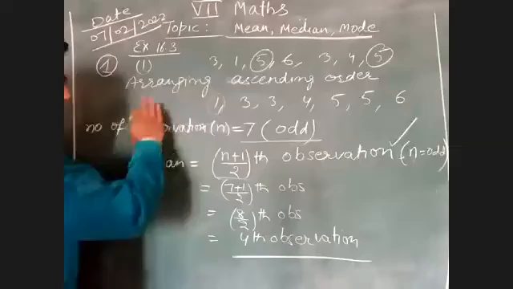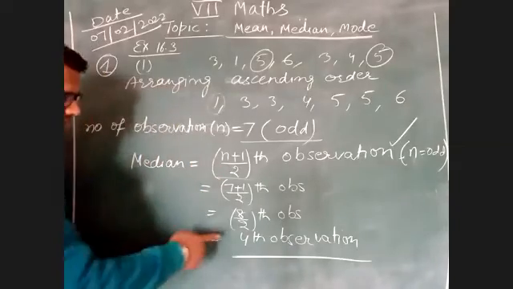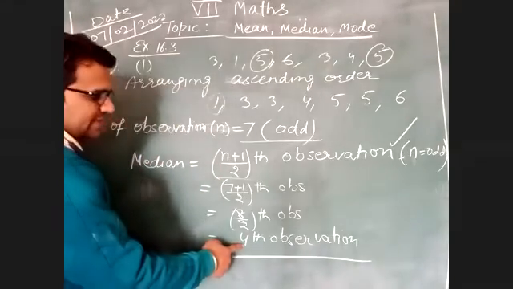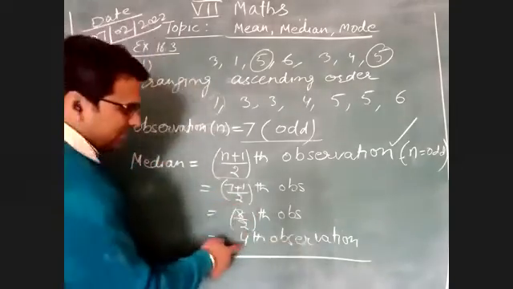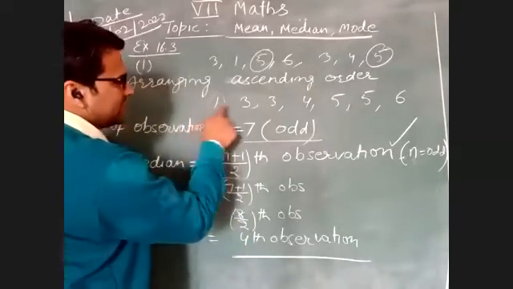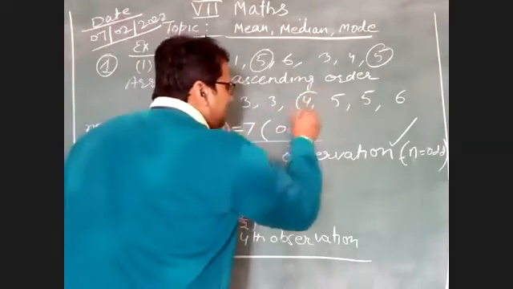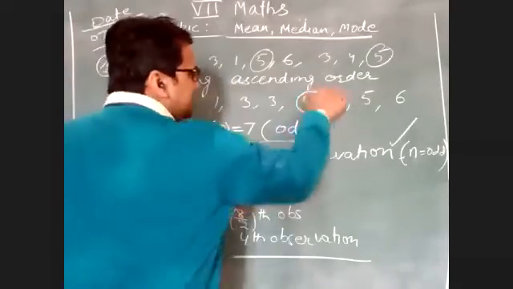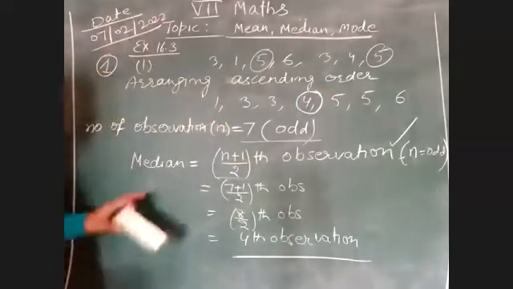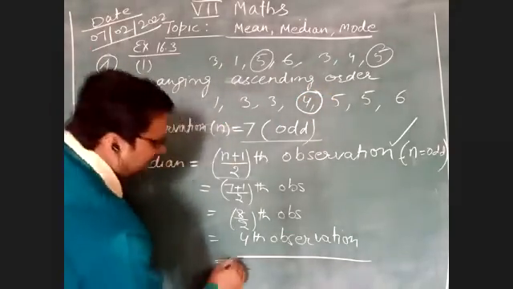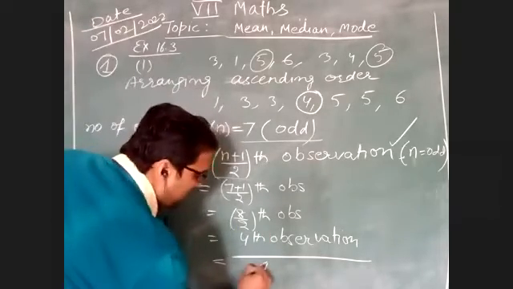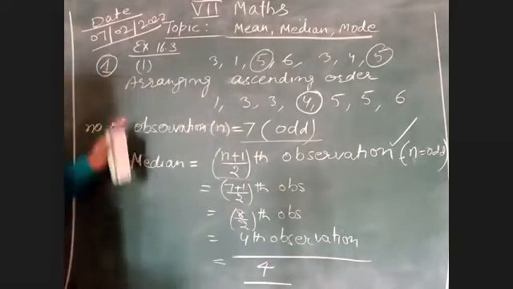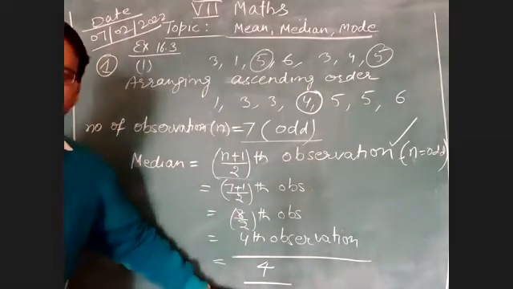So proceeding in this way, we have to observe the seventh observation, sorry, the fourth observation: 1, 2, 3, 4. This is the fourth observation, and I am circling it to find the median. So the fourth observation is 4. So the median of your first question will become 4.